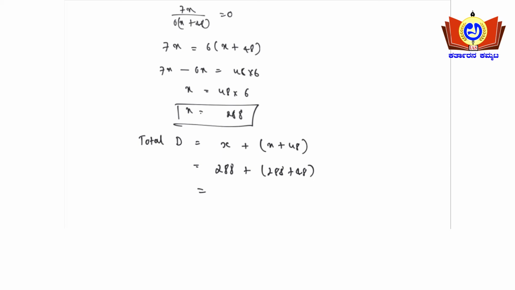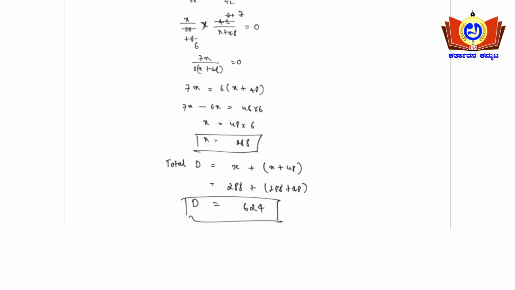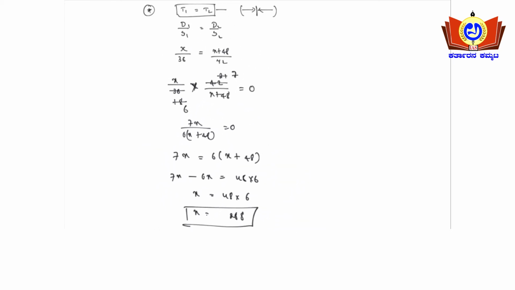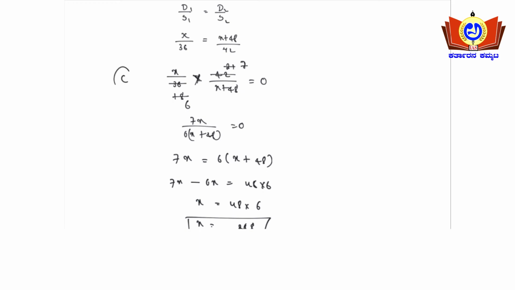Adding these, the total D will be 624. The distance between the two stations is 624 kilometers. This is the answer, and it falls in option C.